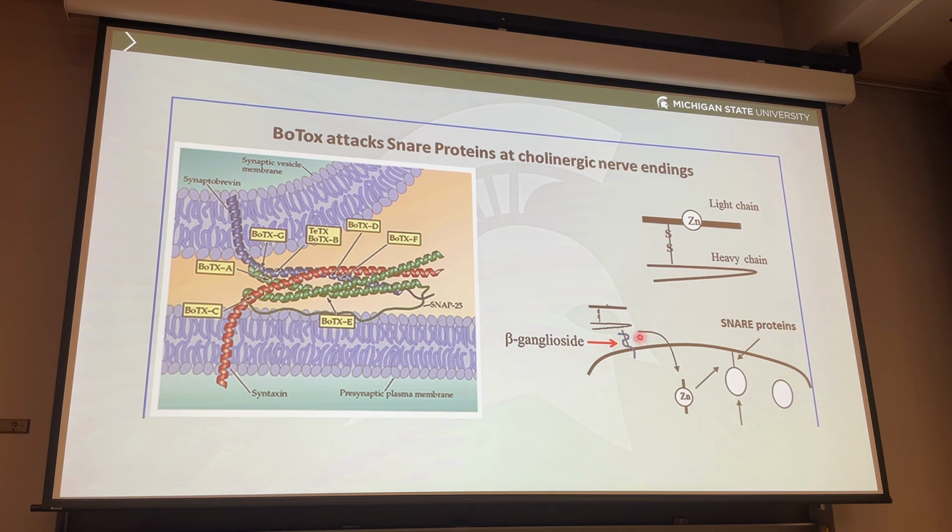Don't worry about beta ganglioside, heavy light chain, all this stuff. You're not going to be tested on it. This is more the molecular underpinnings of this process. But just know that botulinum toxin is used to clip up SNARE proteins, and that will prevent synaptic transmission. That's what's important.